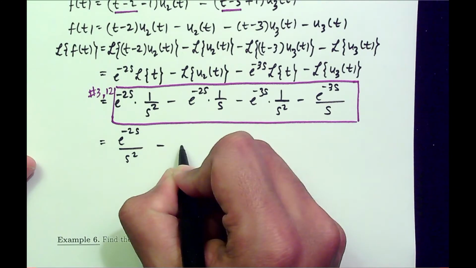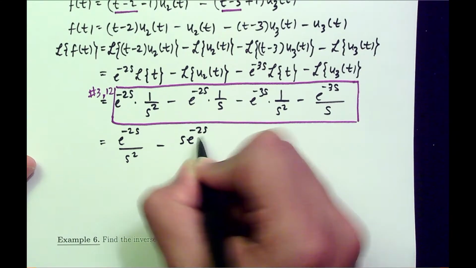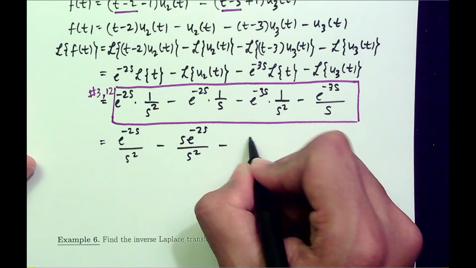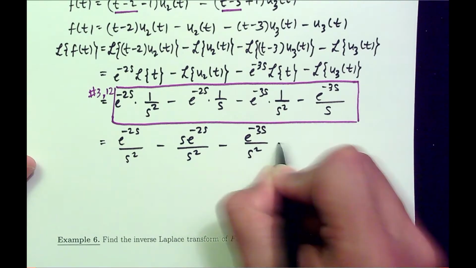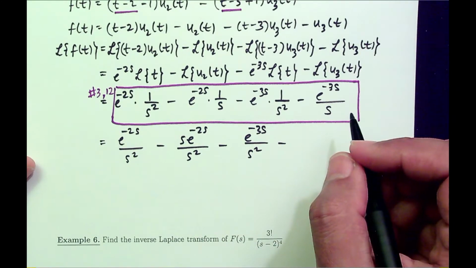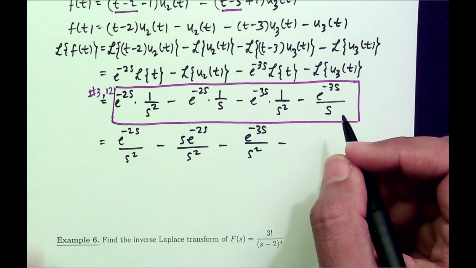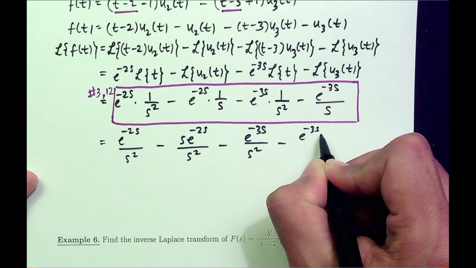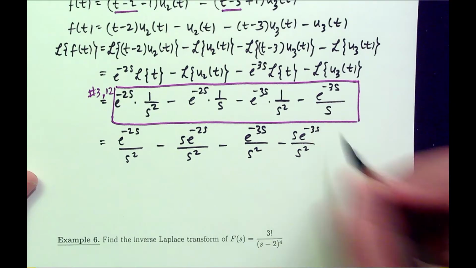So this is s e to the negative 2s over s squared. This one is already s squared, so minus e to the negative 3s over s squared, minus e to the minus 3s times s over s squared, because you have to multiply this one by s, top and bottom.